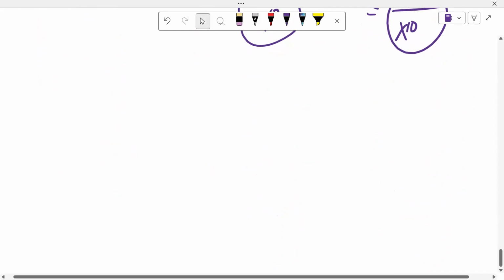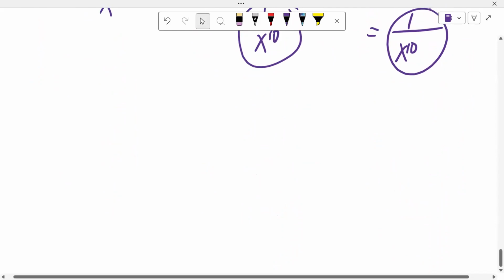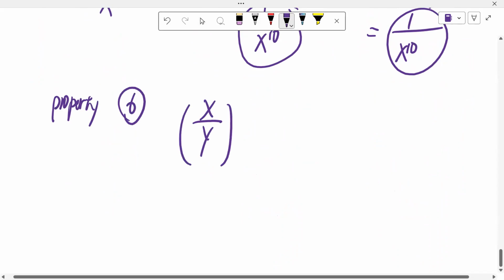Next property is about distribution of the quotient. Property number 6. Let's say we get x over y to the a power. I'm going to distribute power a to both top and bottom. x to the a over y to the a. Distribute the power to every single element in the quotient.